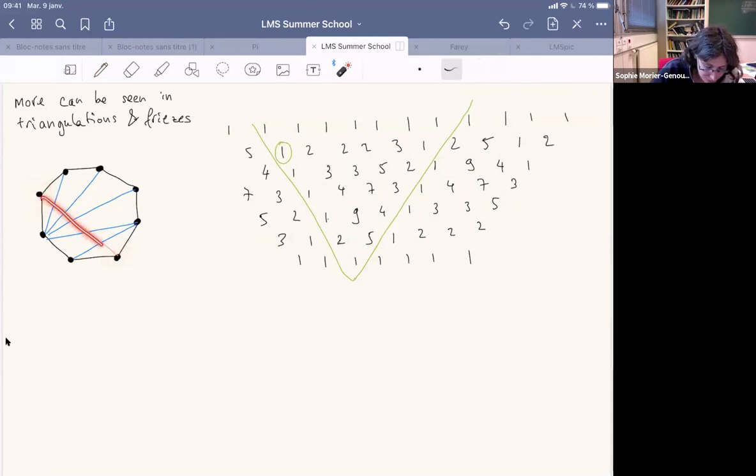If I join these two vertices, I cross all the other triangles of the triangulation. And if you remember from the first lecture, this encodes the conversion of continued fraction. So this triangulation is associated with a rational number.